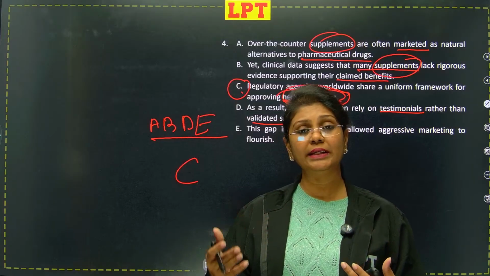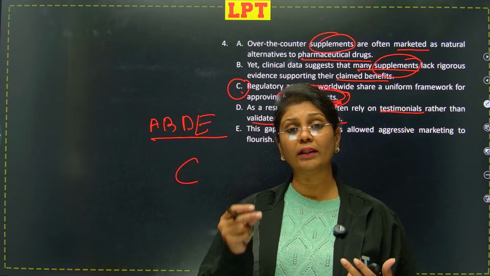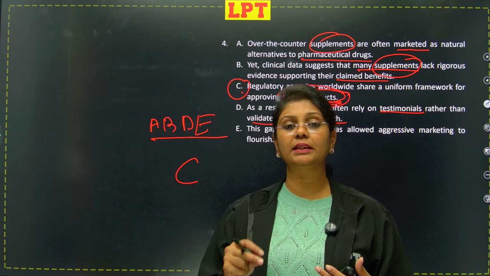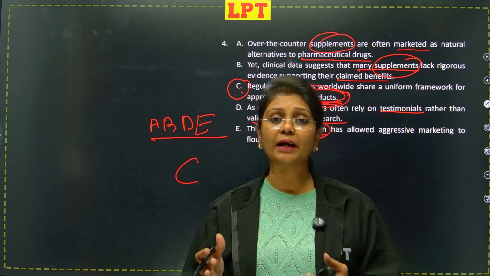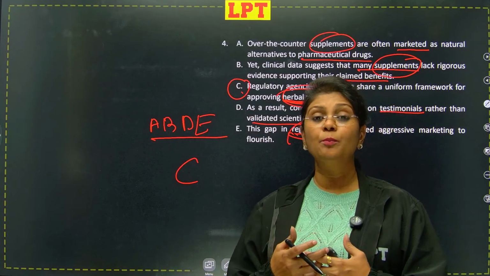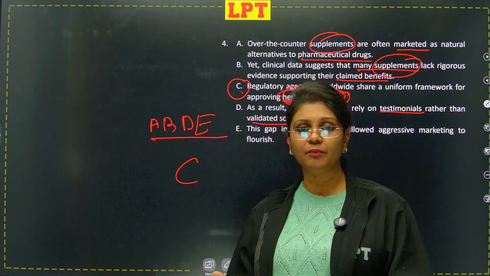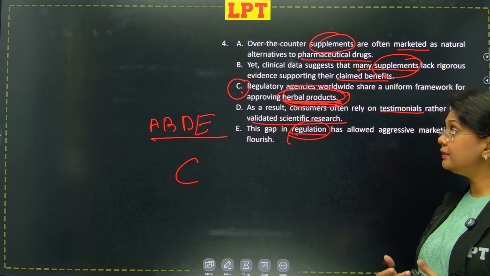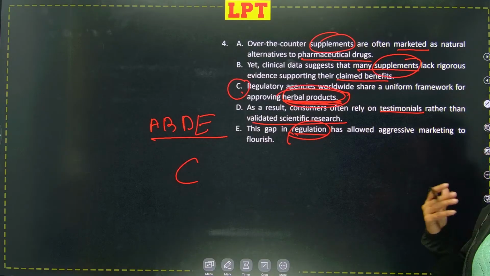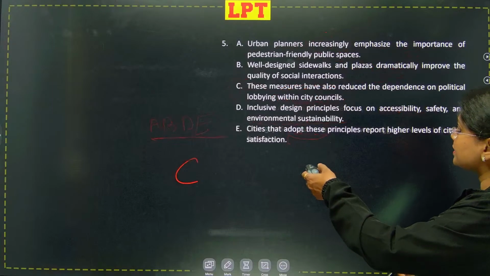If you're able to read these sentences, understand the context, figure out the common theme, and the one that does not belong to that theme becomes your answer, that approach helps too. Whichever way you want to do it, depending upon how much you can analyze and predict the difficulty level of the question, both can be taken as correct alternatives for solving these. Chalo, I think we can go for the next question now. Question number 5 on your screen.